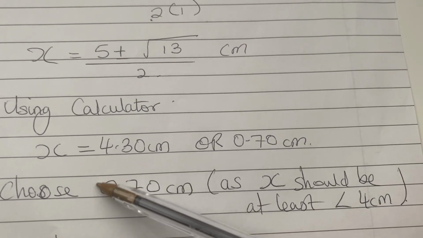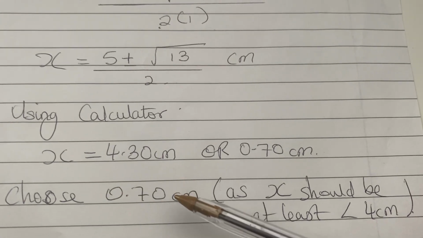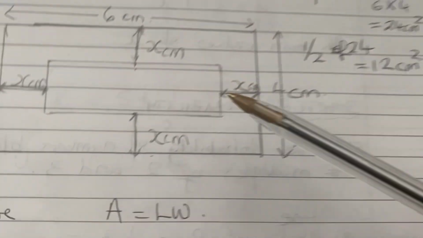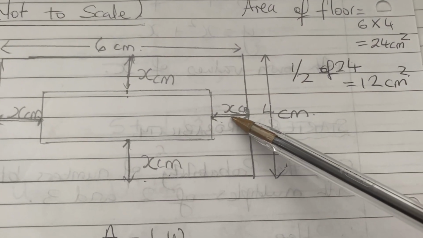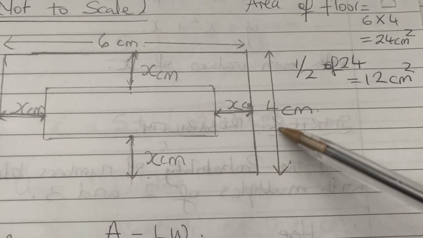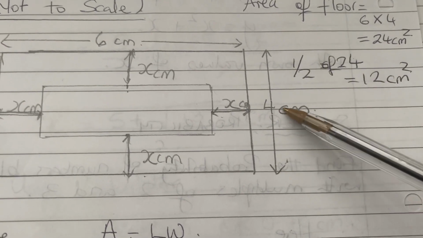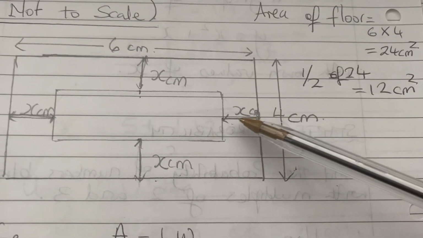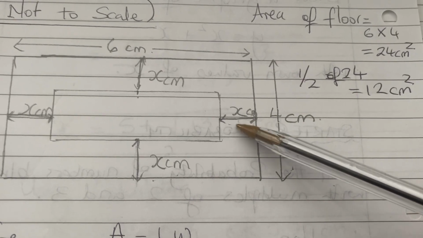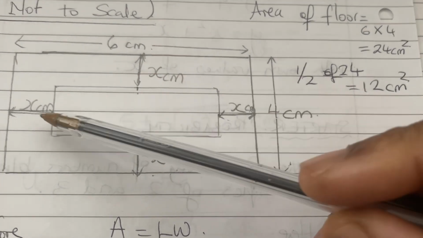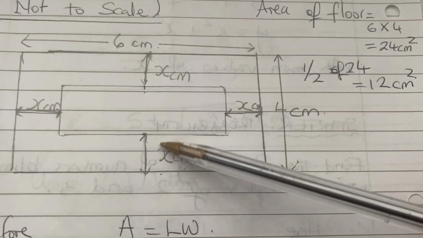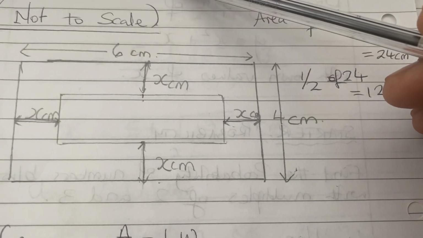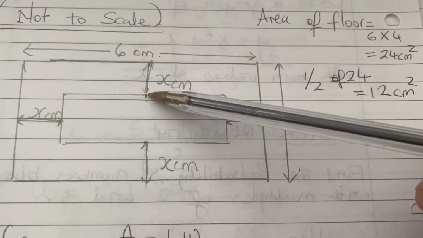Okay, here I chose 0.7 centimeters because if I choose x equals 4.3, the width is 4 centimeters. So it will be longer than the room. But I know that this distance here, or that distance here, shouldn't be 4.3. Otherwise, the mat is longer than the room.